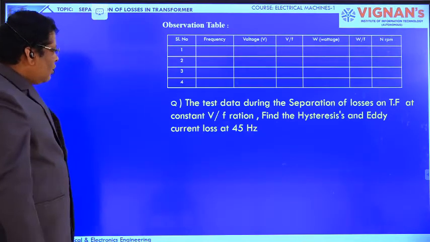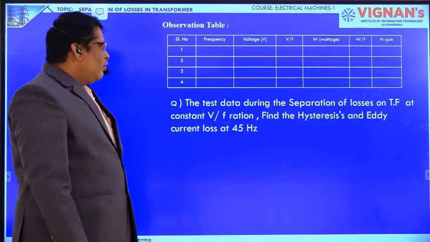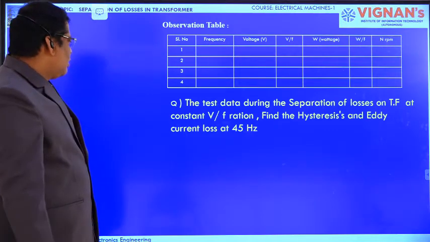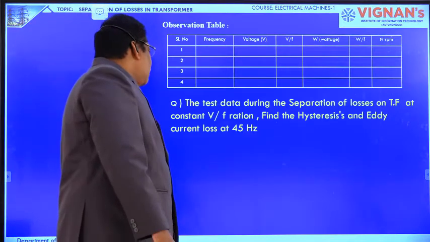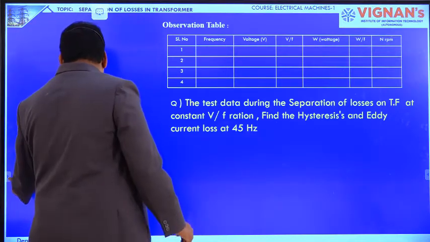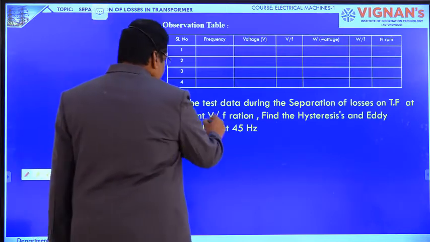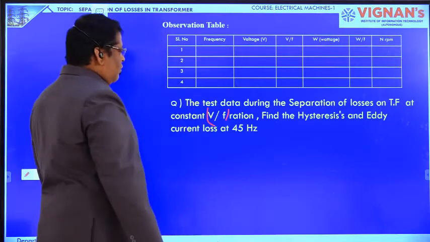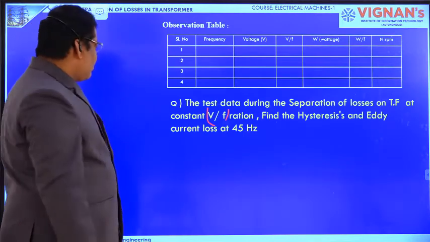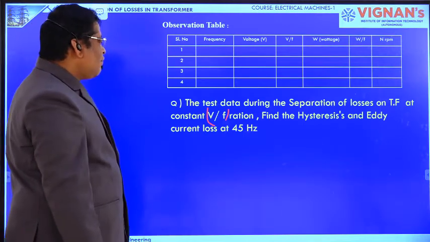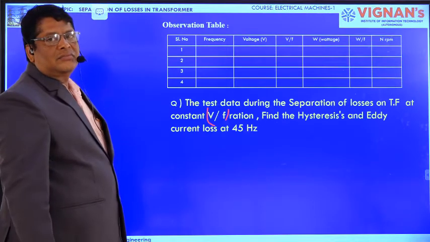Okay. Now here we are going to see one problem. The test data during the separation of losses on a transformer at a constant V by F ratio is given. Find the hysteresis and eddy current loss at 45 hertz. The table is given.